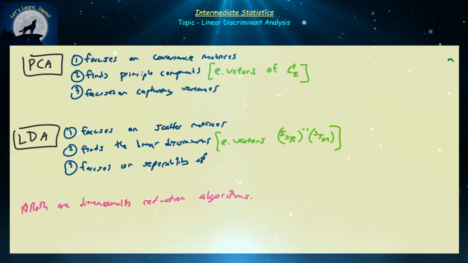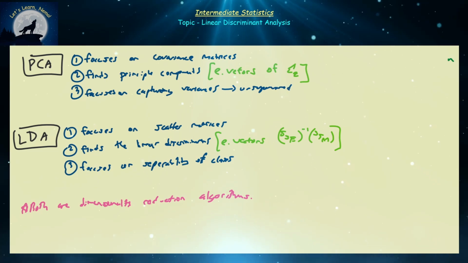Since PCA focuses on capturing your variances, it's independent of your y values. That's usually why this method is called an unsupervised method, whereas LDA is called a supervised method for dimensionality reduction.